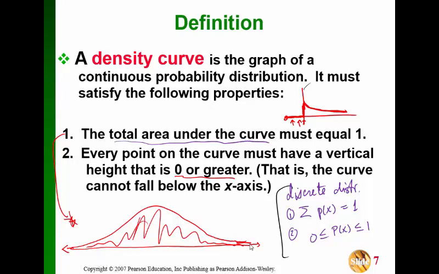It'll have a height that's really small, but it'll never be 0. So yeah, the normal distribution will never touch the x-axis. It will never have a height of 0. You would think, but no. Mathematically, it goes on forever without touching the x-axis.